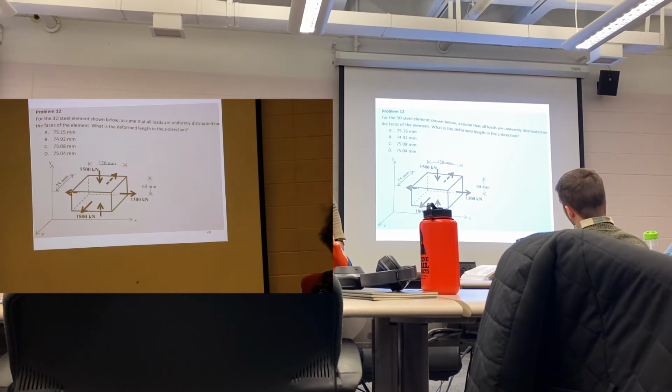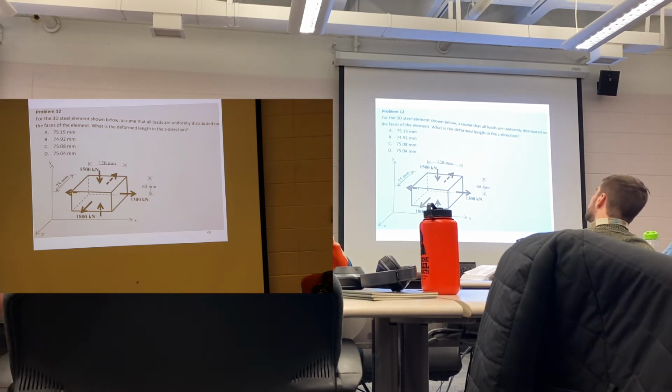Let's do the calculation. This is generalized Hooke's law. You get sigma X, sigma Y, sigma Z. You are supposed to be given mu, obviously, but since this practice book was a little bit lousy on this, mu will be 0.3, and E for the steel will be 200 gigapascal. So let's do this.